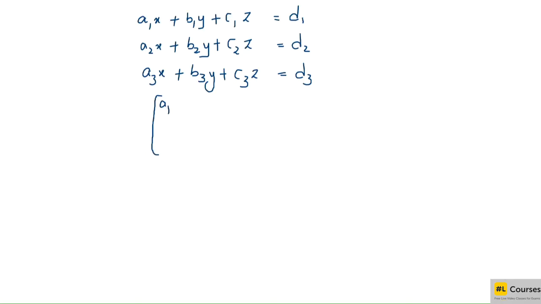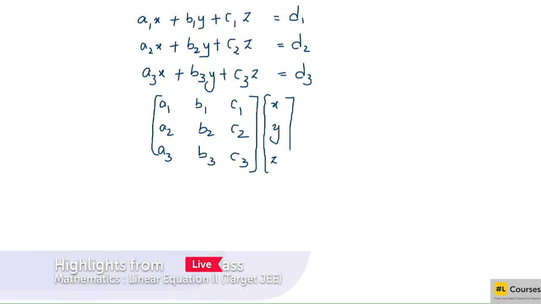as a1, b1, c1, a2, b2, c2, a3, b3, c3, all the coefficients of the given equations. Now, how will we write the unknown terms x, y, z? Column-wise.